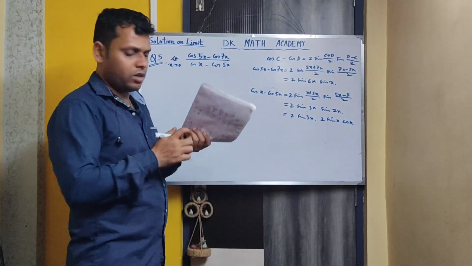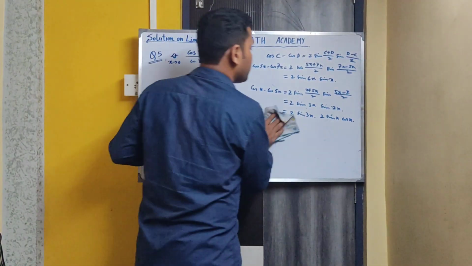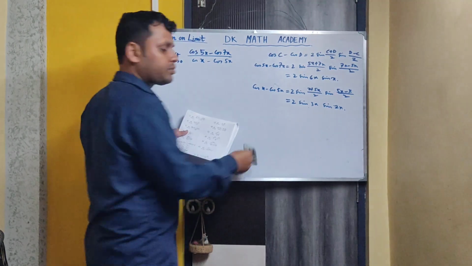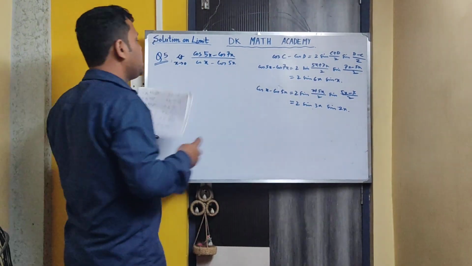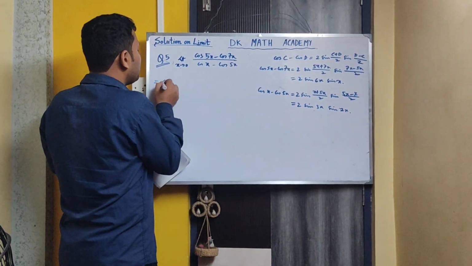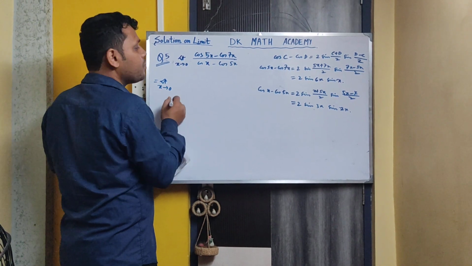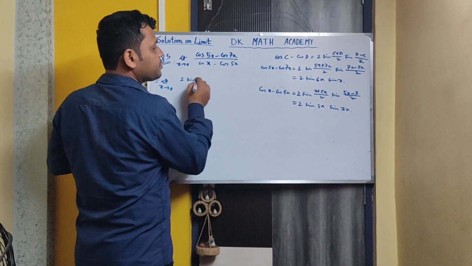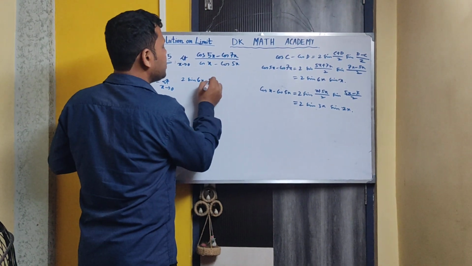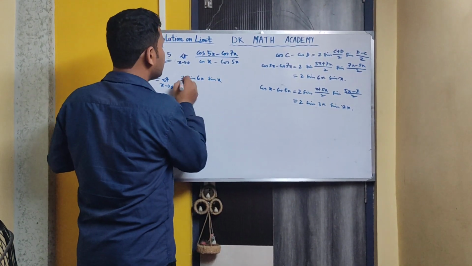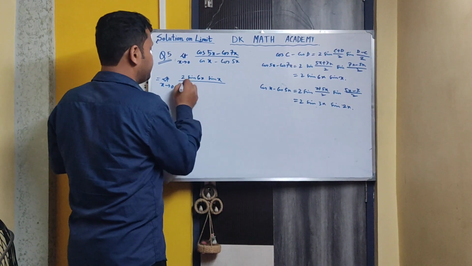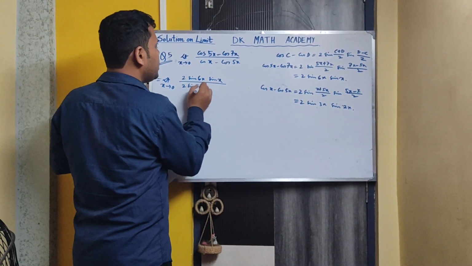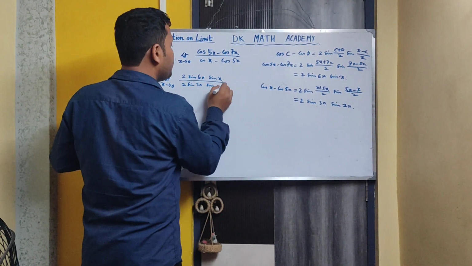Okay, it is not required. Now I see here limit x tends to 0, 2 sin 6x into sin x divided by 2 sin 3x into sin 2x.